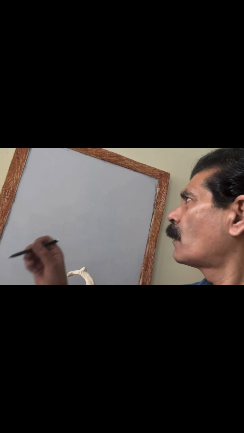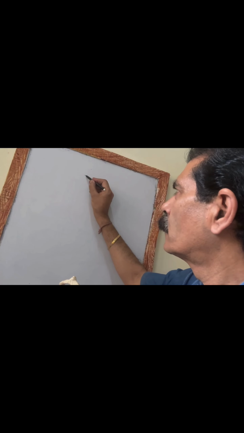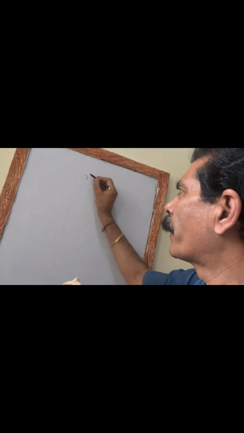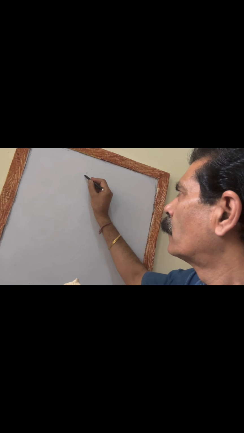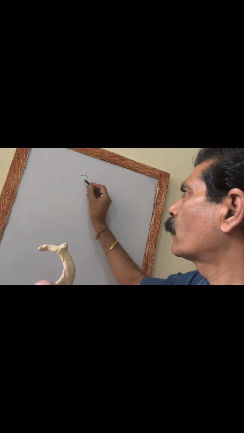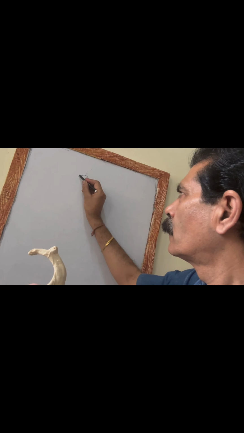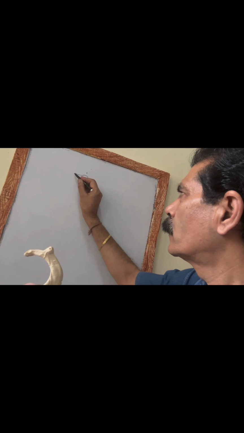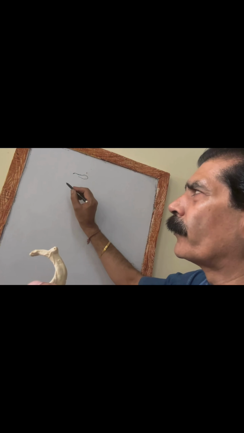Now the posterior end, if you see closely, is called the head, and then following the head region is the narrow neck, and lateral to the neck is a tubercle, like all ribs.